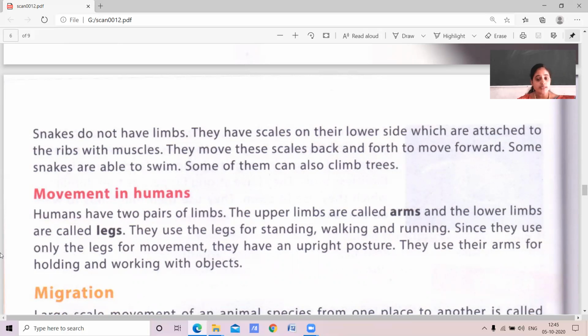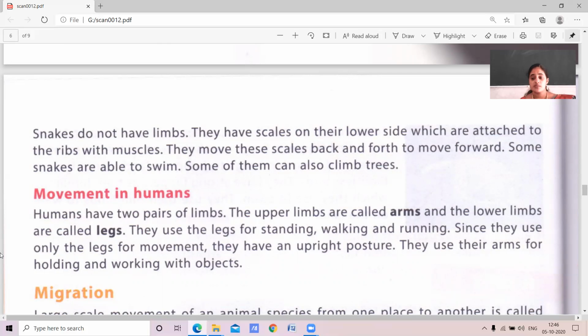They use the legs for standing, walking, and running, children.